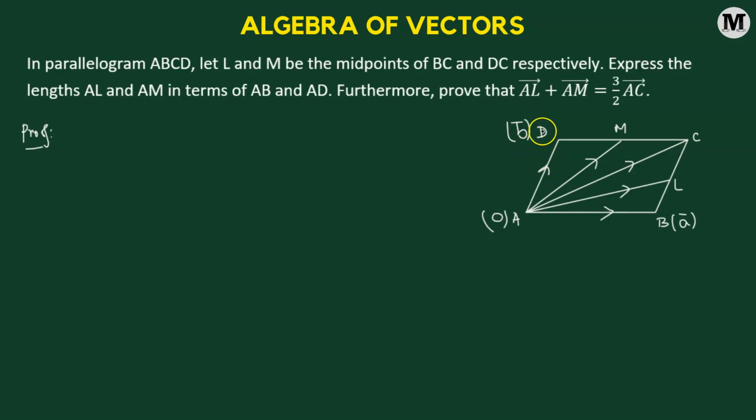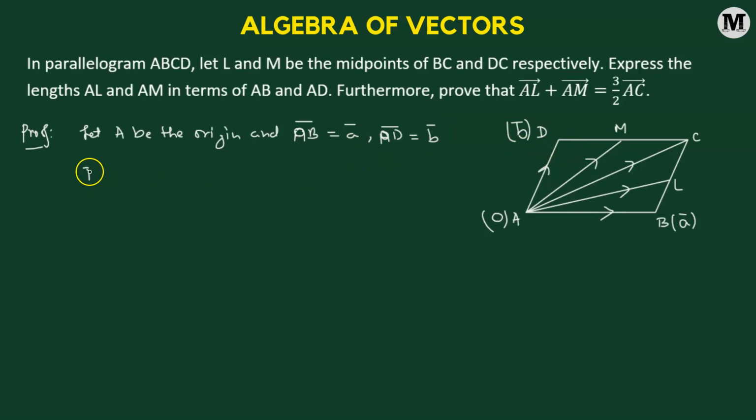That means b vector is the position vector of D. So here let A be the origin. We have the origin, and OB vector corresponds to the vector a, and OD vector, OD here is actually AD, corresponds to the vector b.